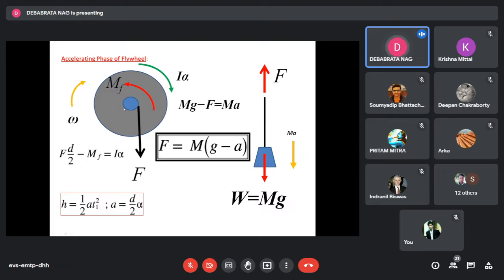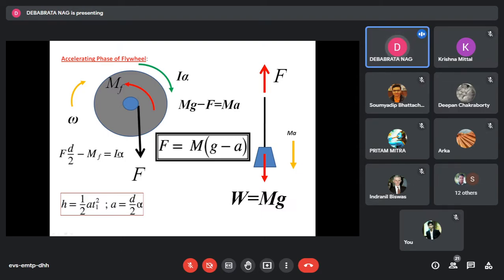So it means that essentially this I takes care of the mass moment of inertia of the flywheel as well as the mass moment of inertia of the supporting shaft. Okay, but here this is the total mass moment of inertia of the entire rotating parts. So you have to be careful about that.